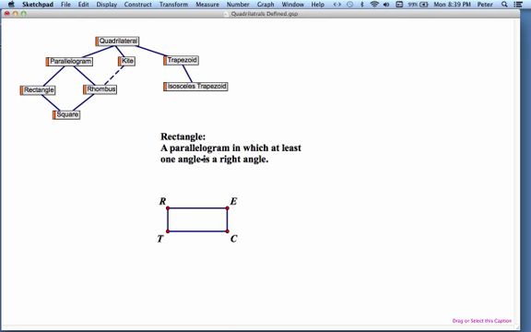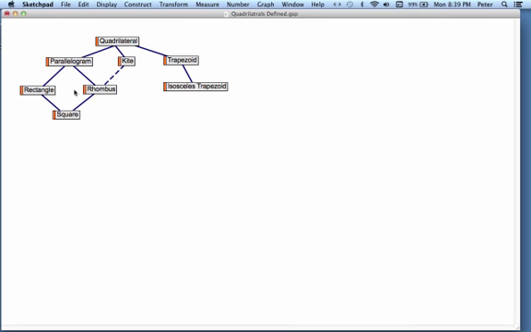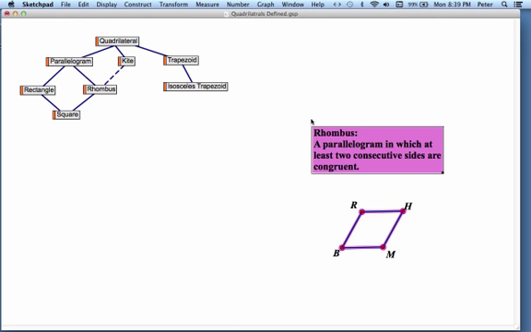Okay, so once you have this definition, let's take a look at another class of parallelogram called a rhombus. A rhombus is a parallelogram in which at least 2 consecutive sides are congruent. Now again, you may be more familiar with rhombuses and know that actually all 4 sides of a rhombus are congruent.